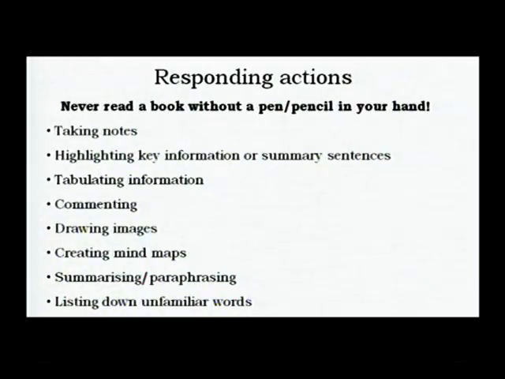Next one is highlighting key information or summary sentences. For example, in each and every paragraph, sometimes we find a summary statement or concluding sentence of that paragraph. So, we need to highlight that. If we highlight or underline that particular statement, it will be very easy for us to remember. So, when we want to read it again, you need not read the entire paragraph once again.